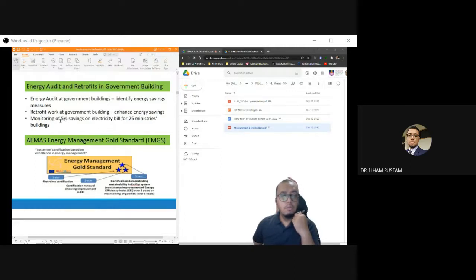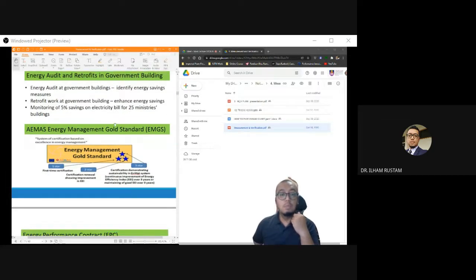They have been able to monitor 5% savings on the electricity bill for a total of 25 ministries buildings, meaning the buildings in Putrajaya Precinct 2. Overall, they are able to see 5% savings on each of the 25 ministries buildings, which is quite huge, even though 5% doesn't sound like much.